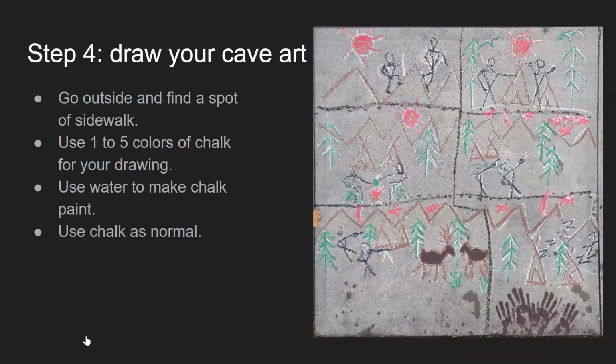Or you can use your fingers or your sticks to dip in the paint and fill out the shapes, as done with my deer in the middle bottom of my painting. And then another way is you can just use the chalk as normal and draw on the concrete as it was.